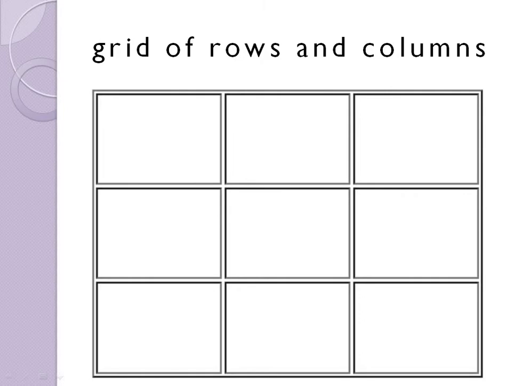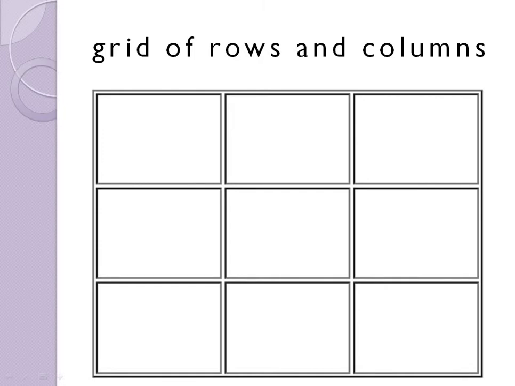What is a table? A table is a grid of rows and columns, or we can say a table is a collection of rows and columns. So this is an example of a table, a 3 by 3, 3 rows and 3 columns. In our MS Word software, in document processing software, it is very easy to design a table.